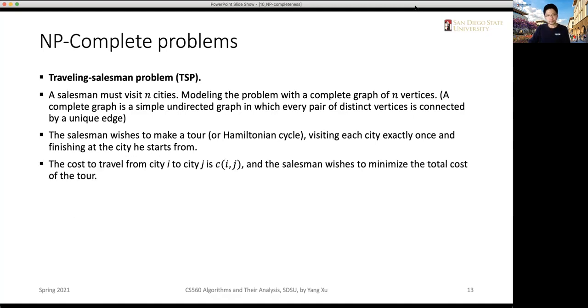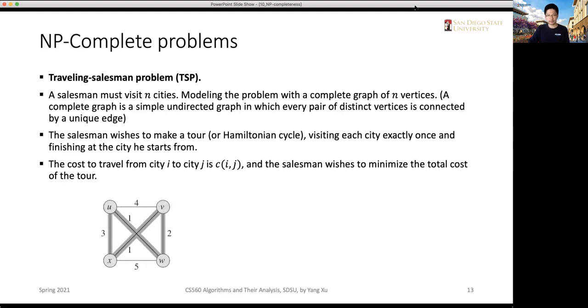And the cost of travel from one city to another is defined, and he also wants to minimize the total cost of the tour. So that is the additional constraint placed on top of this Hamilton cycle, which makes it a traveling salesman problem.